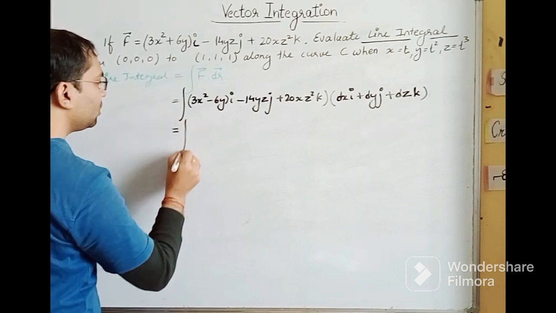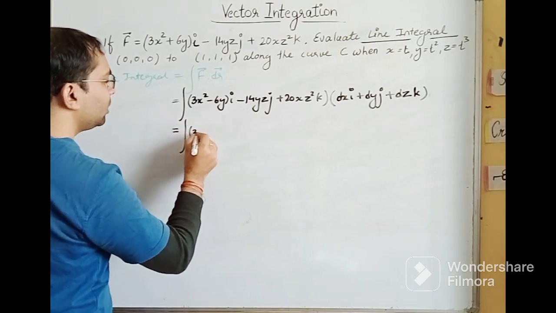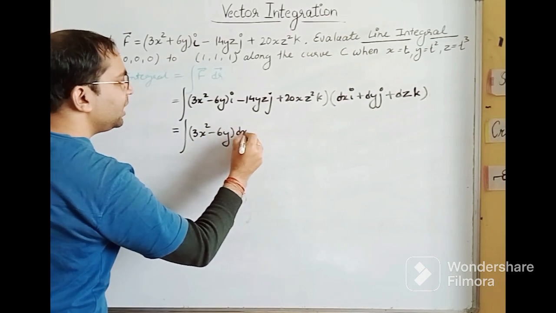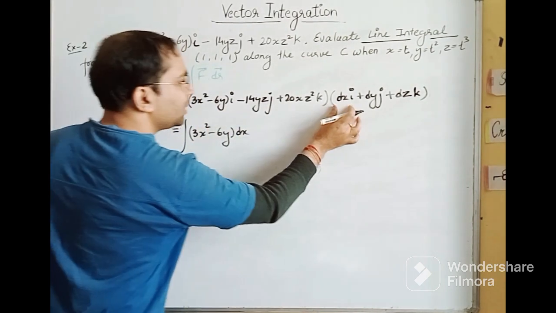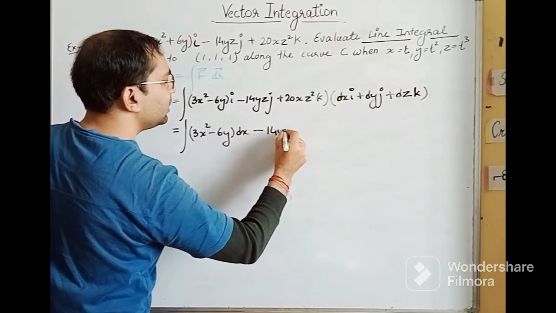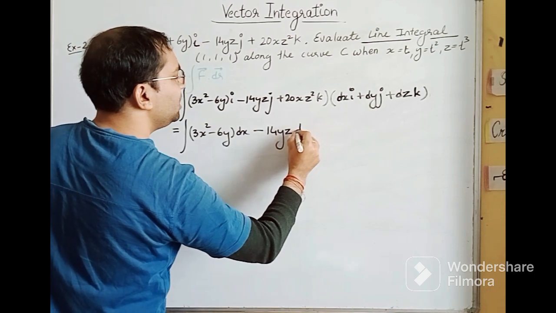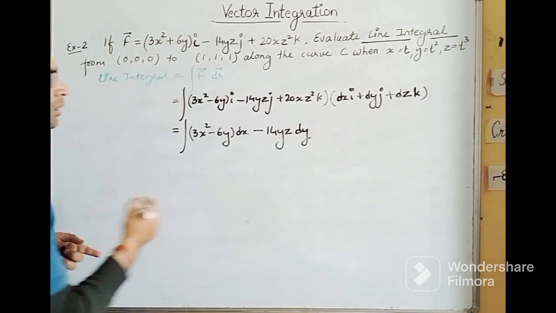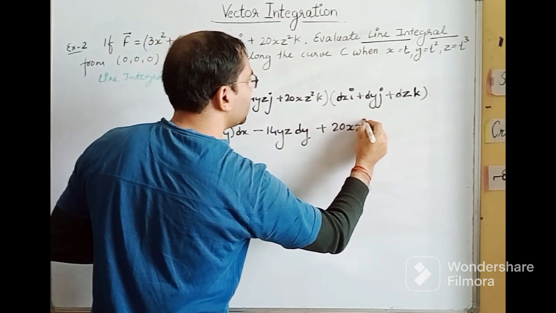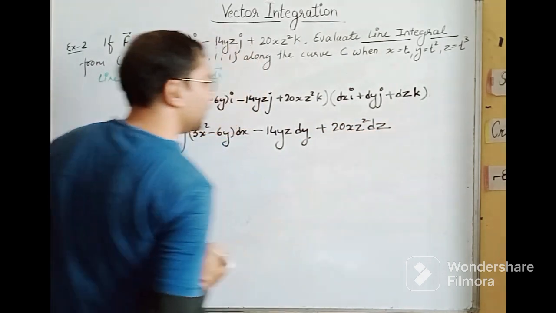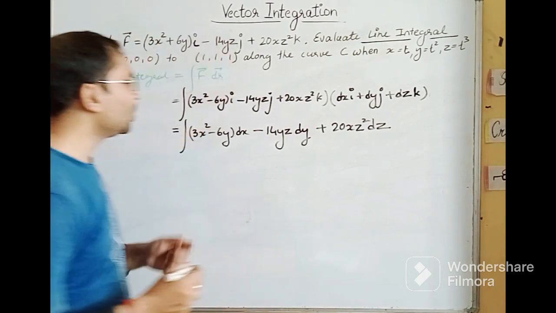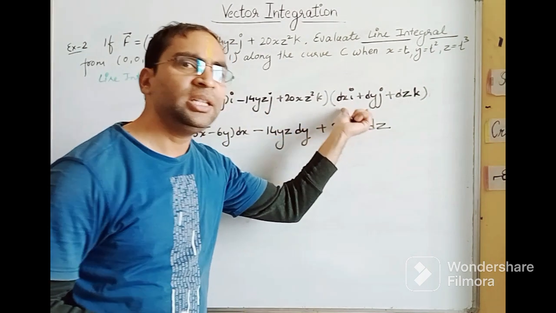This will be the integral of (3x square minus 6y) dx, then minus 14yz dy as our second term, and the third term will be 20xz square dz. So this is the dot product of F and dr.